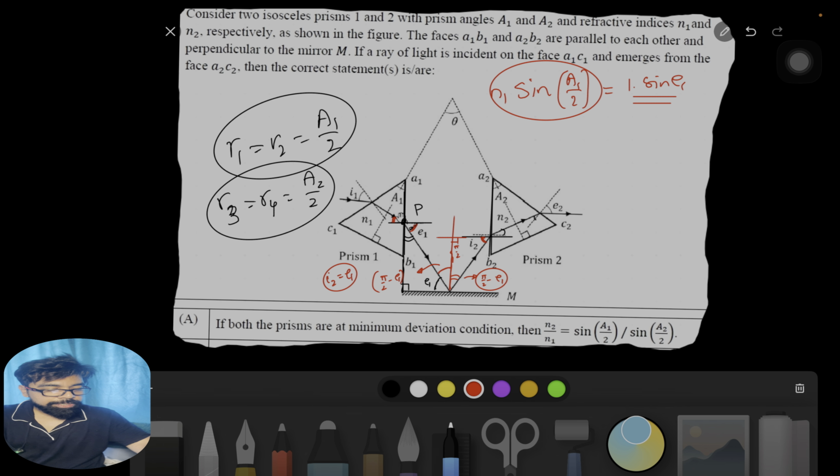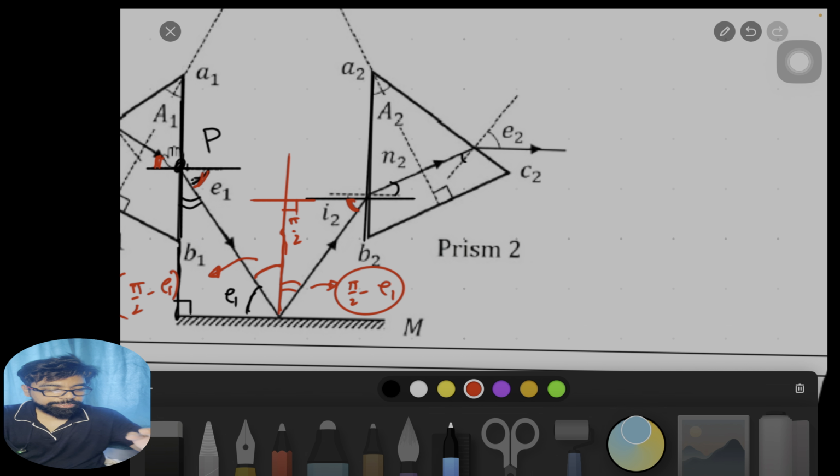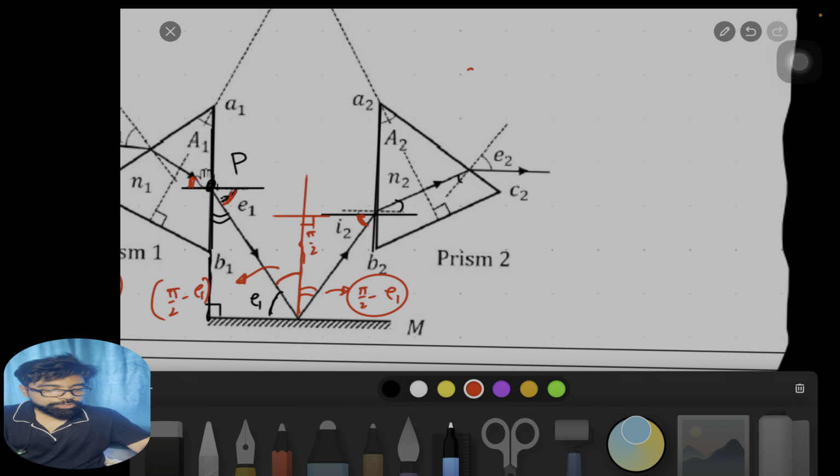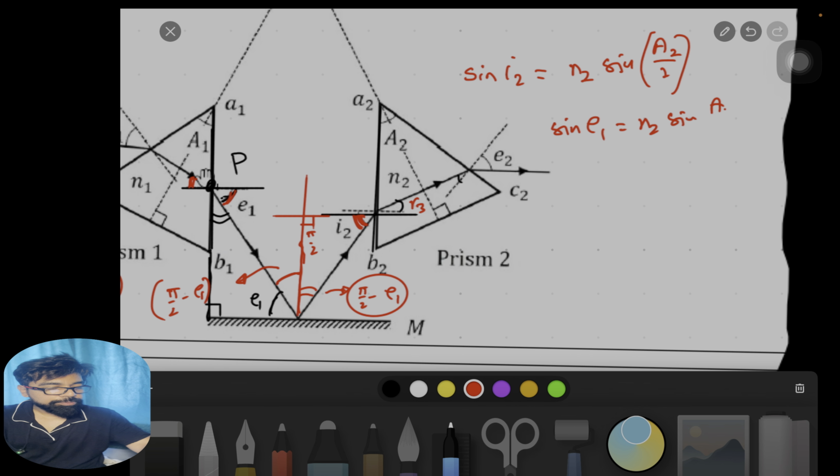Now for the second prism, at the surface A2 B2, if I use Snell's law, it is going to be sine I2 is equal to N2 into sine R3. This angle is R3, and R3 must be equal to A2 by 2. This angle I2 is equal to E1, so sine E1 must be equal to N2 into sine A2 by 2 for the second prism.